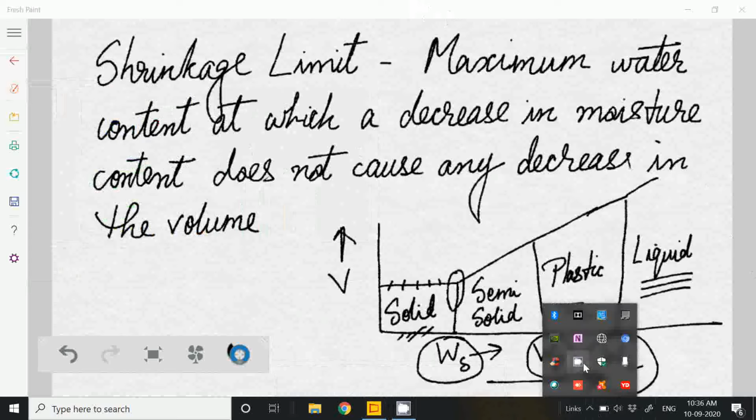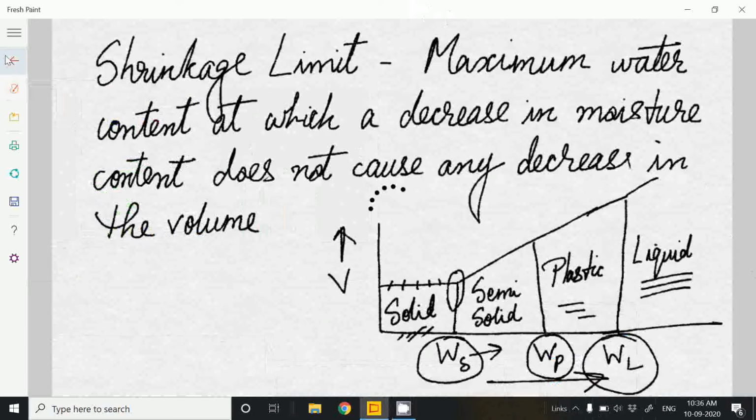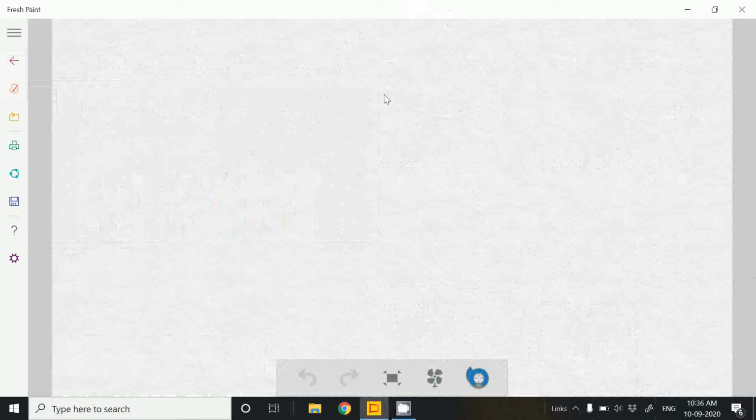Now let us go to a topic called grain shape. So let us start. Grain shape, as you all have got the idea from the name itself, it is regarding the shape of the soil particles.